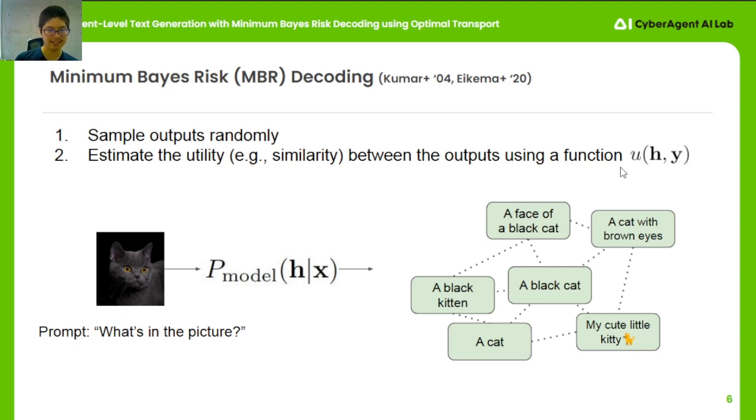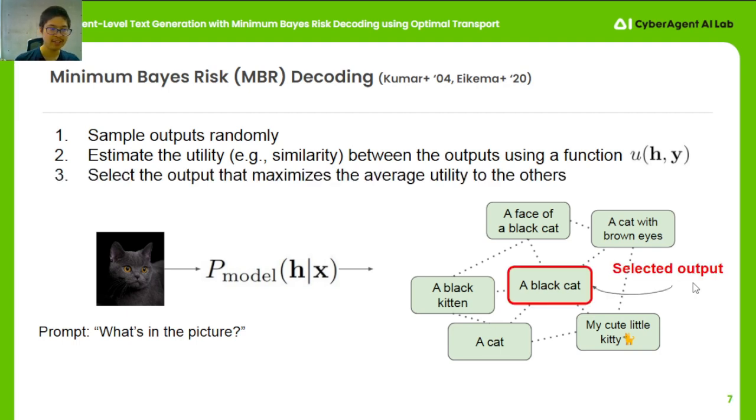So we have, say here, six outputs, and we compute the similarity between these six outputs using this function. And then select the output that maximizes the average utility to the others. So in short, it selects the one that is closest to all the others, which is the point closest to the median or mean or middle, whatever you say. So you sample a lot and then select what's in the middle.